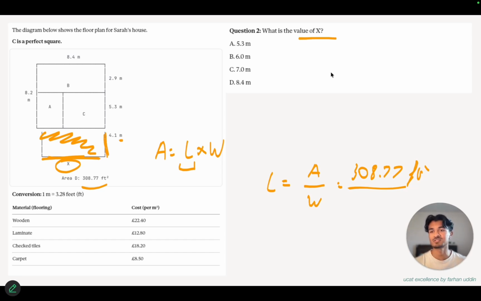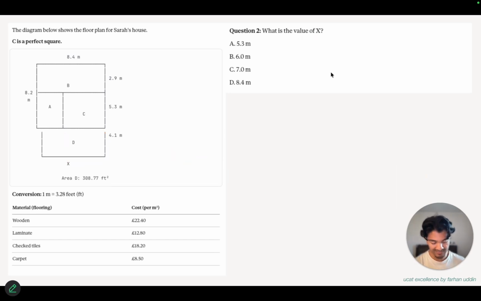This is where a lot of us might get confused. Now, what I want to illustrate to you is the thinking behind it. So if I instead change this from 1 meter is equal to 100 centimeters, this would become a lot easier, wouldn't it? Because you would have to divide by 100 twice if you wanted to go from centimeter squared to meter squared.